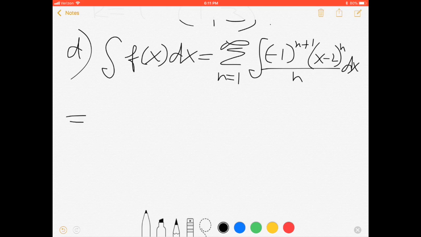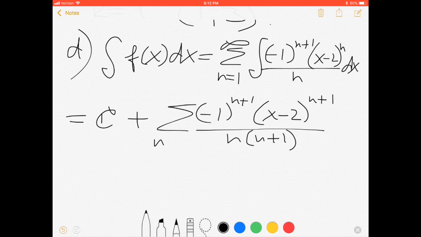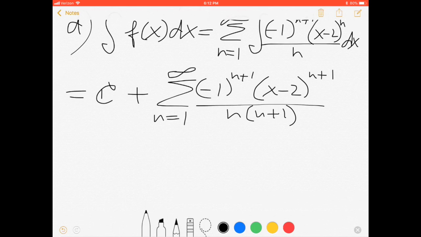Here you have some constant C, that is no big deal, plus the series of negative 1 to the power n plus 1 times (x minus 2) to the power n plus 1, over n times (n plus 1), starting from 1 to infinity.